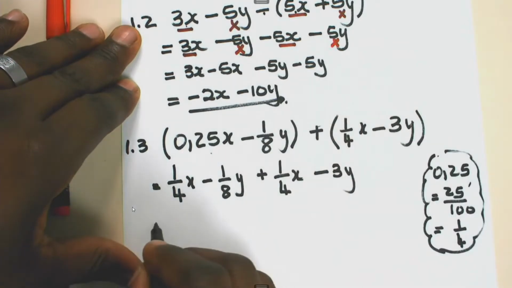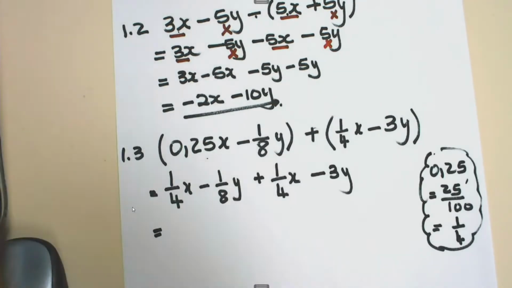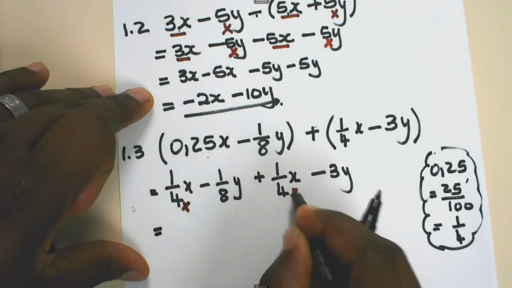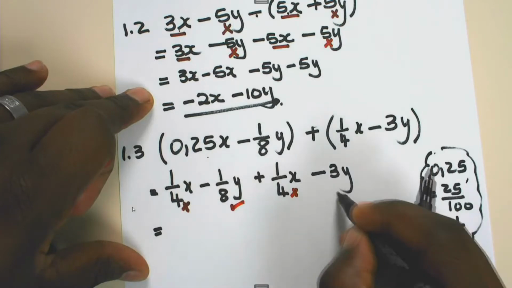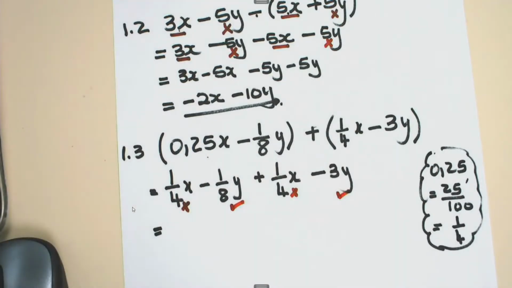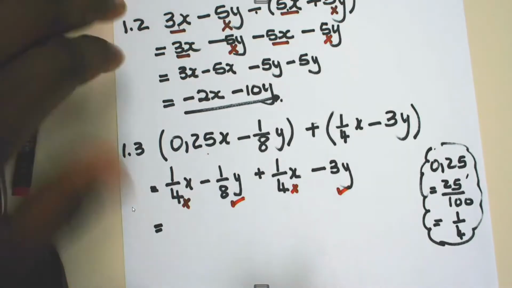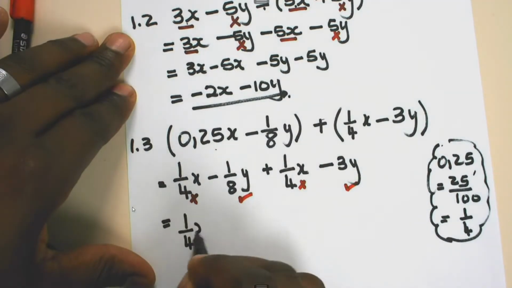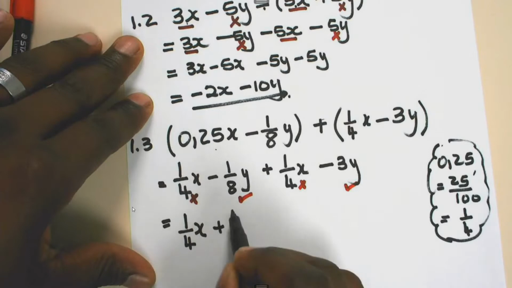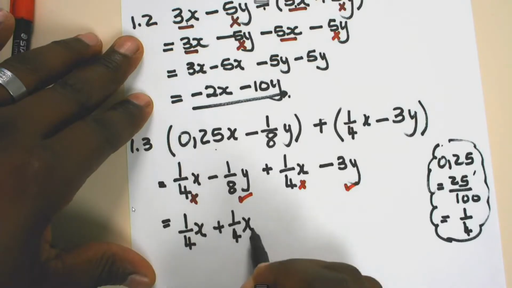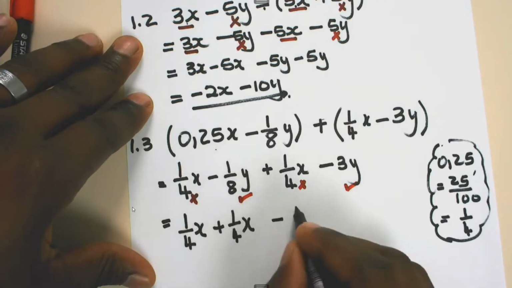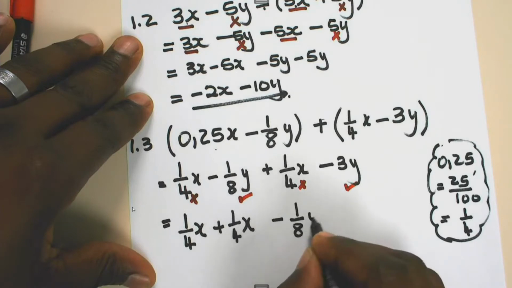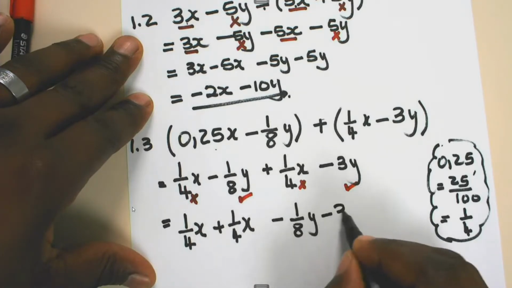And then from there, we can group the ones that are like, which is this one and this one, according to the commutative property. So this one and this one, it's going to be 1 out of 4x plus 1 out of 4x, and also this one, negative 1 out of 8y minus 3y.